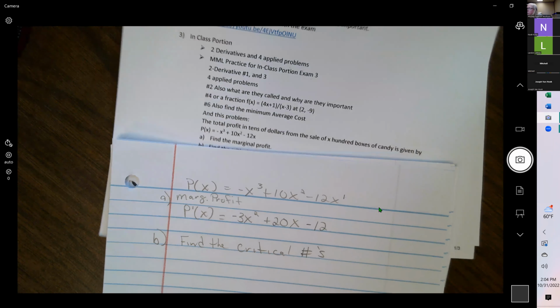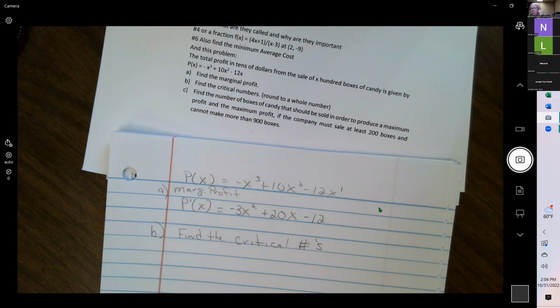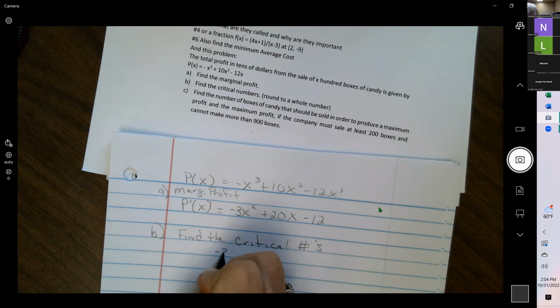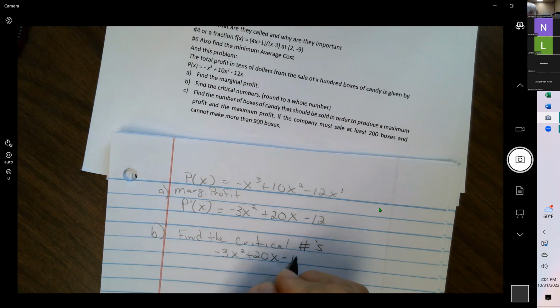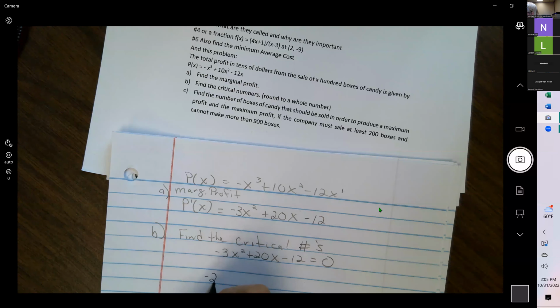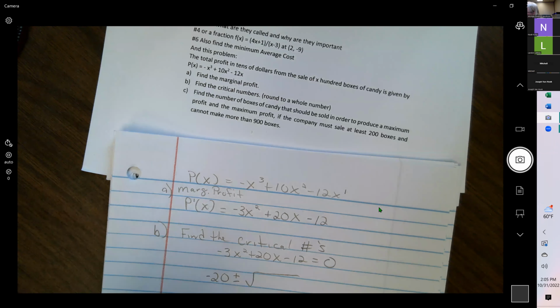You find the critical numbers, you take your derivative and set it equal to 0. This one is not factorable, so we'll have to use the quadratic formula. I don't think it's factorable.